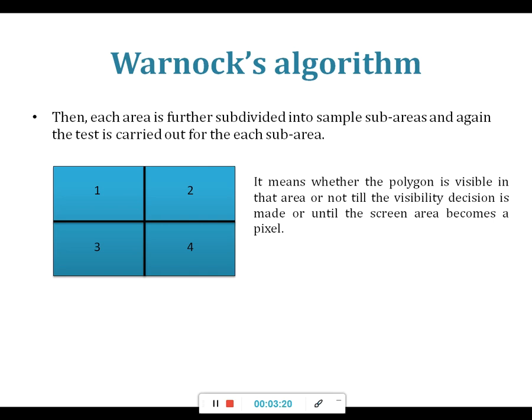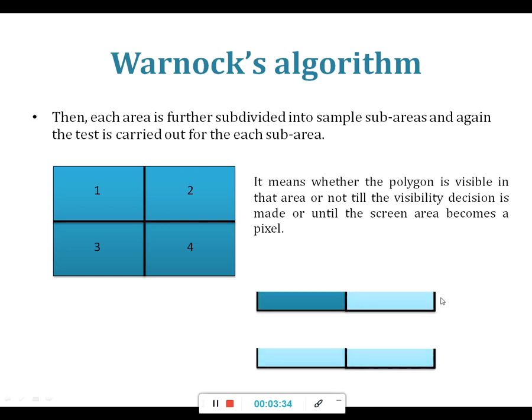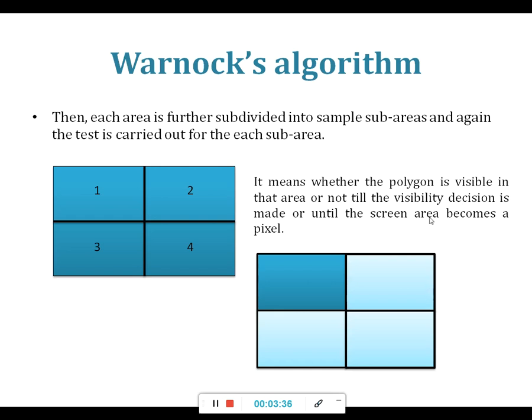We check whether the polygon is visible in the given area or not. We can keep dividing the area until the visibility decision is made, or, at the last, until the screen area becomes a pixel; we can divide up to the pixel level also.